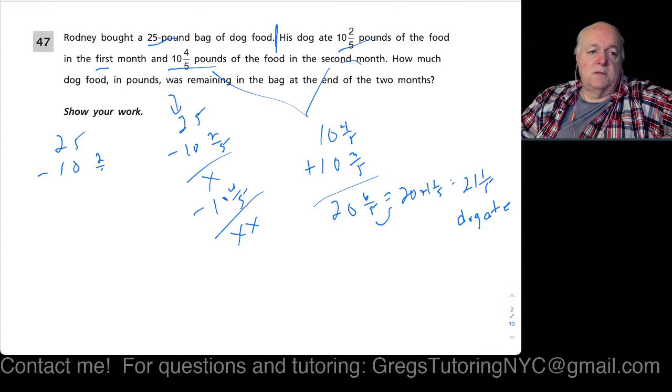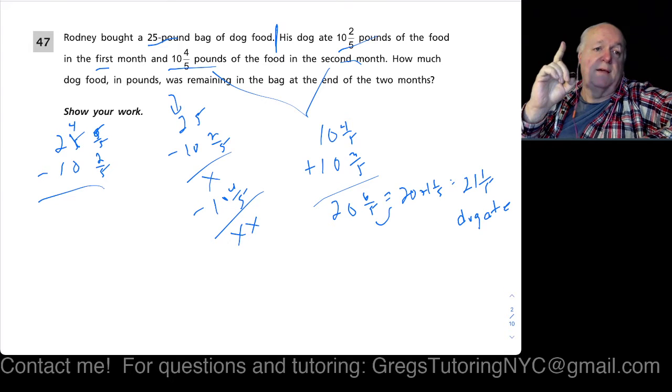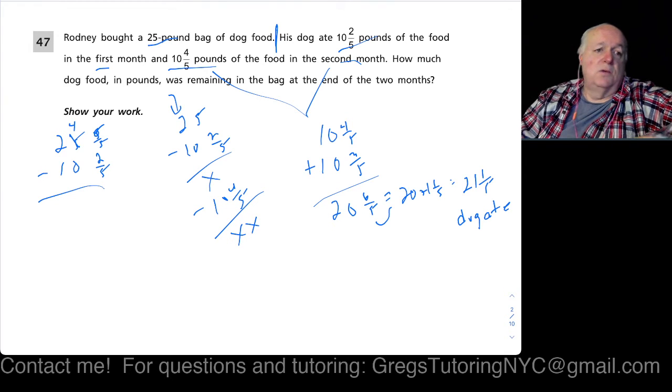This is basically 0/5, so to do that we have to borrow a unit. So we make this 4, and this becomes 5/5, because 1 is 5 over 5. We borrow 1 and use the same denominator. So 5/5 minus 2/5 is 3/5, and then we do the normal subtraction over here. So we get 14 3/5.